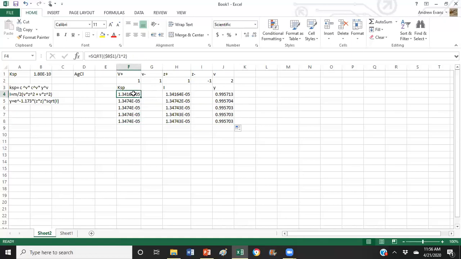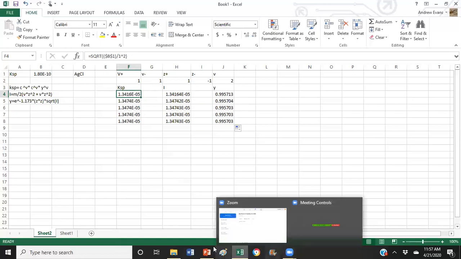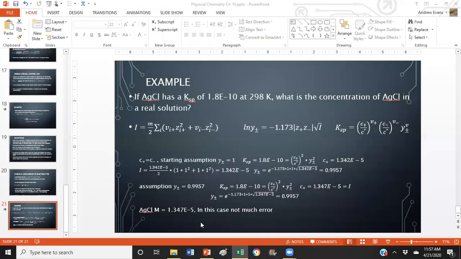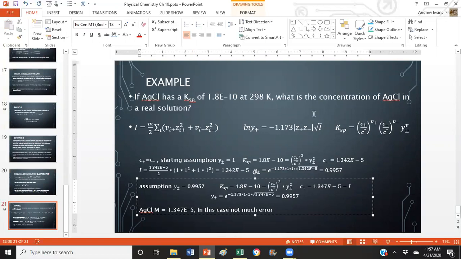So our overall change has gone from 0.13416 to 0.13474. So the actual concentration dissolved has gone up by a small amount. But of course, this is silver chloride. This is a simple case.